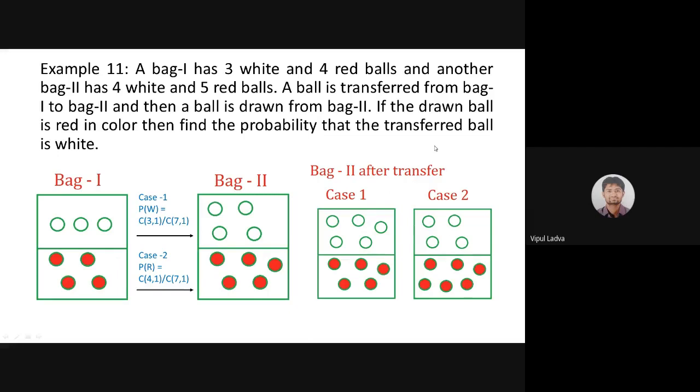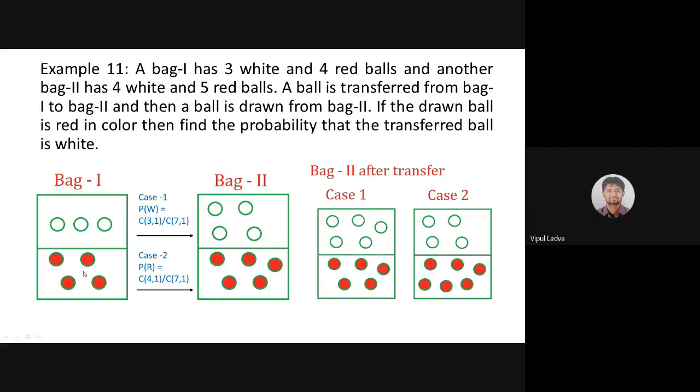If case 1 occurs, that means we transfer a white ball from bag 1 to bag 2. Earlier in bag 2 we were having 4 white balls; now the white balls will be 5, and the red balls will be as it is.